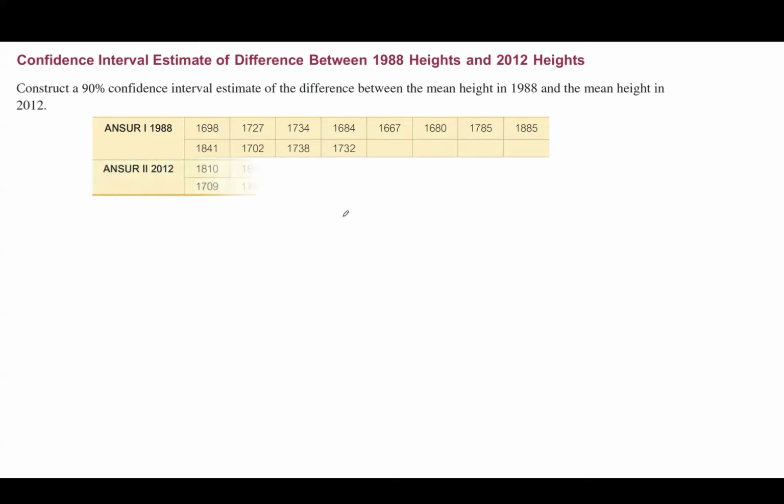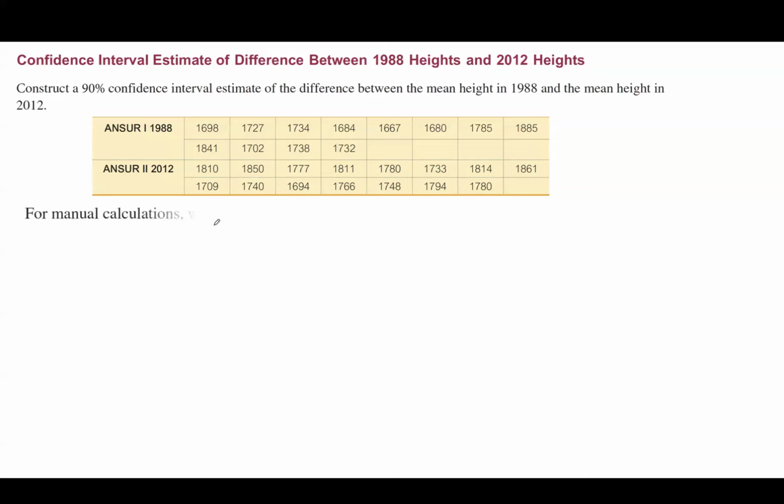For the second sample, we have 15 members. So your second sample has 15 members in it. Let's begin the process.